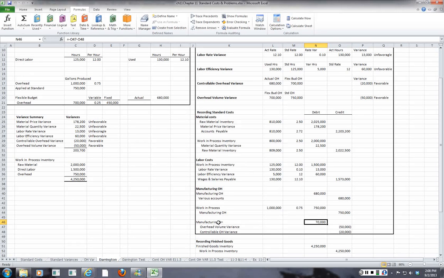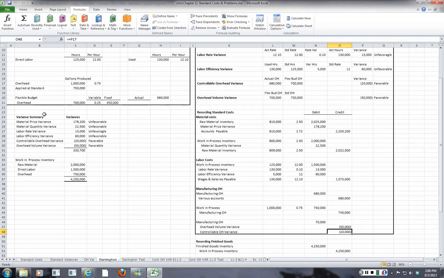We're going to increase manufacturing overhead from $680,000 to $750,000, and the difference is a credit of $50,000 for overhead volume variance and $20,000 for controllable overhead variance. I hope I haven't butchered that too badly, but I think you can see what's going on here.